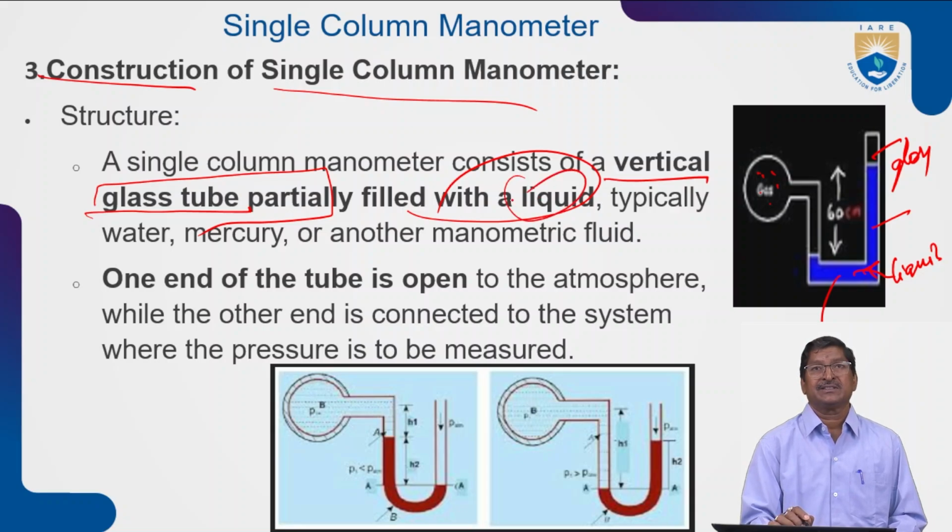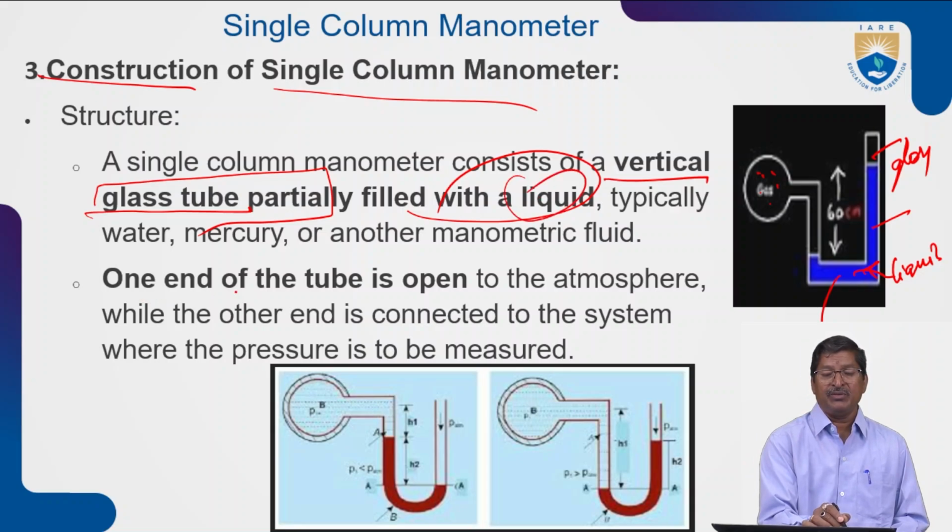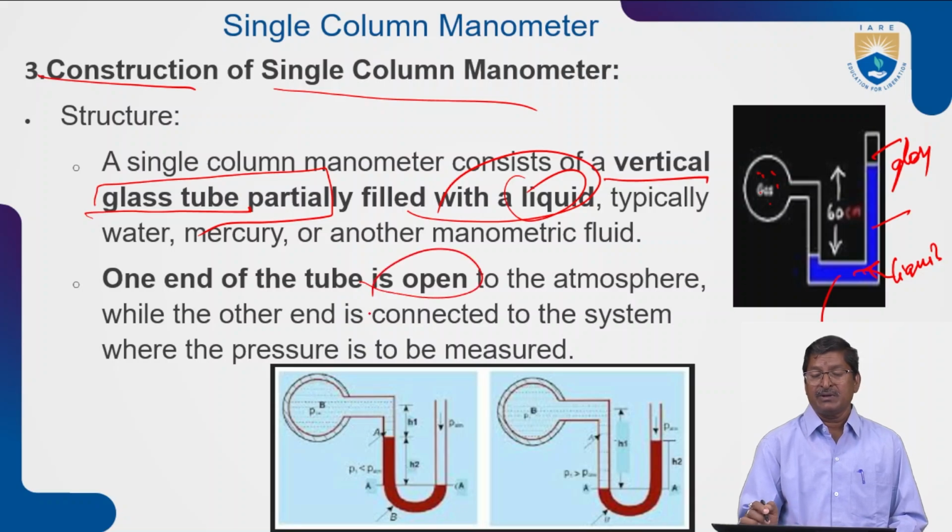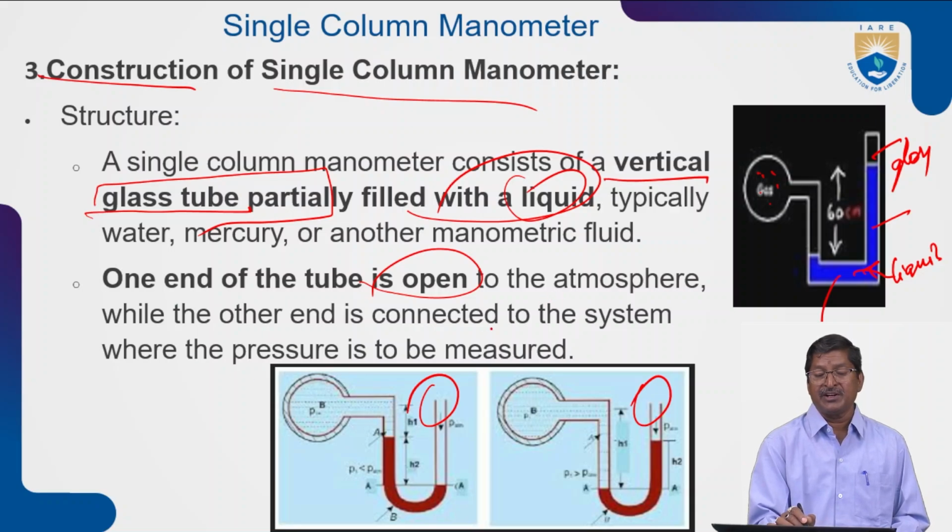That is the structure. One end of this is open. If we see the figure here, one end is open to the atmosphere while the other end is connected to the system where the pressure is to be measured.